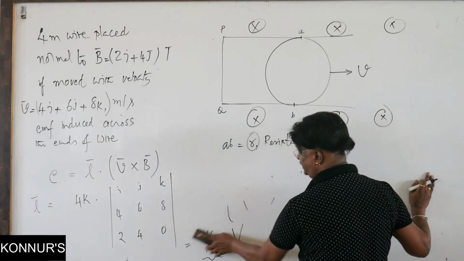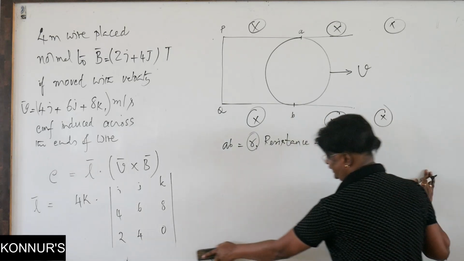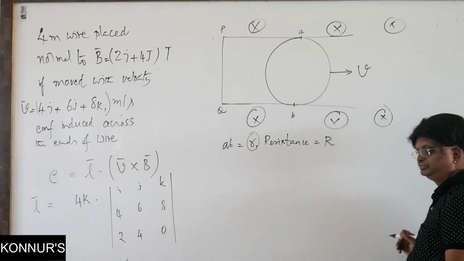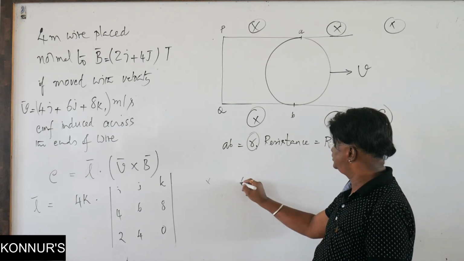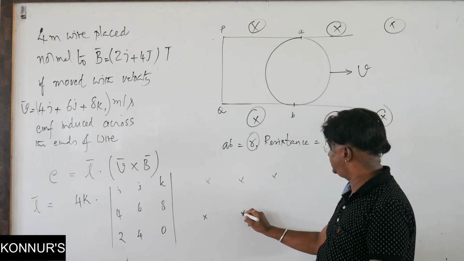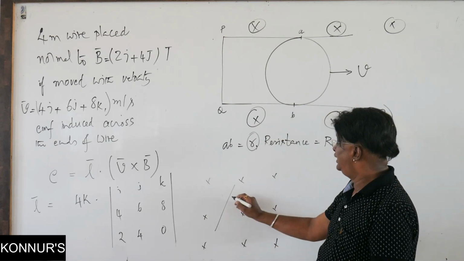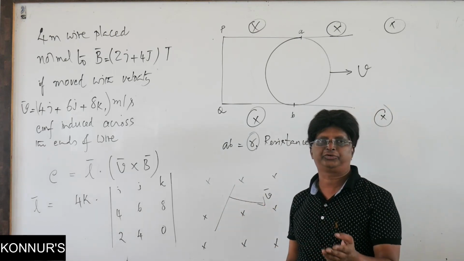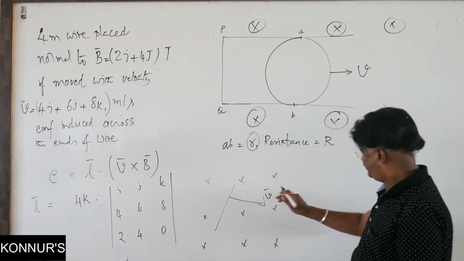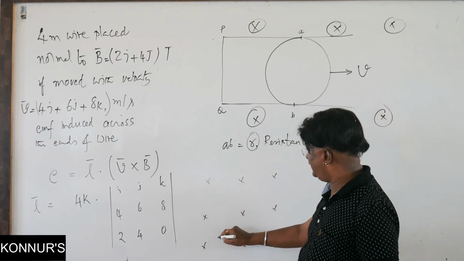Now how to use? Because we have said BLV sin theta for the case of a conductor of length L, that was the meaning. Now supposing, earlier what was the definition? Suppose if this is the magnetic induction, you remember our figure, and now this is moved like this with velocity v. This was a straight conductor that we had taken of length L. Supposing instead of straight conductor, I just change it as something like this.